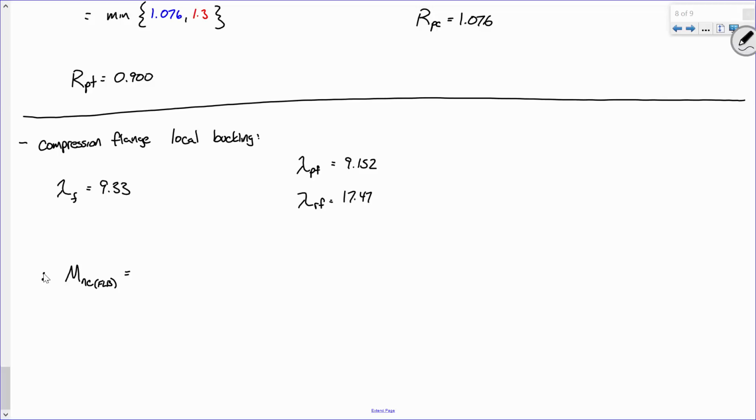Okay? It is 1 minus a fraction. That fraction is FYR SXC over RPC times the yield moment.